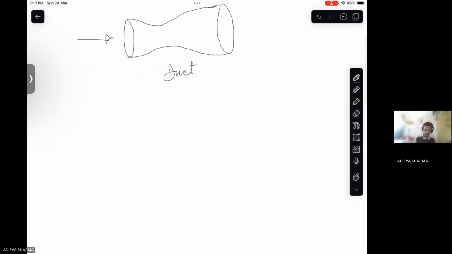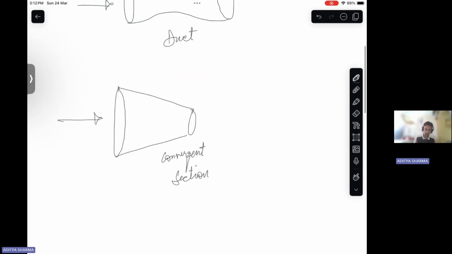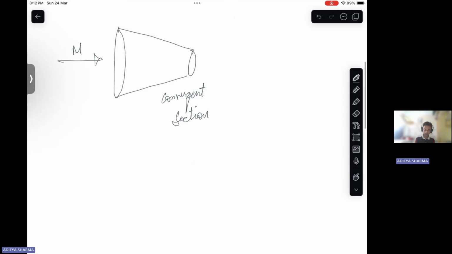Let's see, if we have a convergent section like this and some kind of flow moving with Mach number M, what happens?